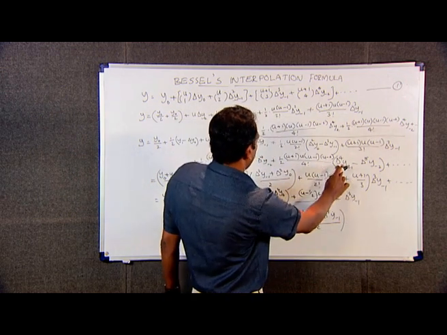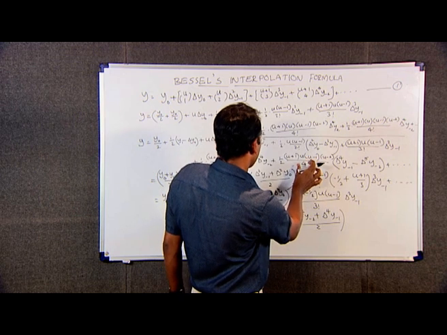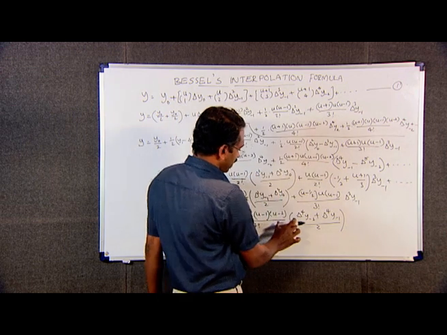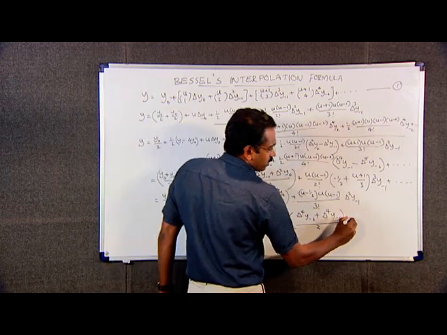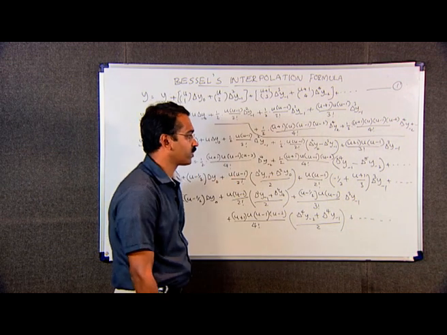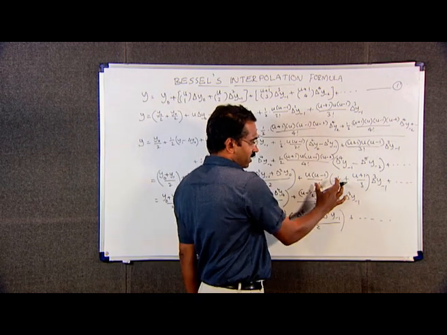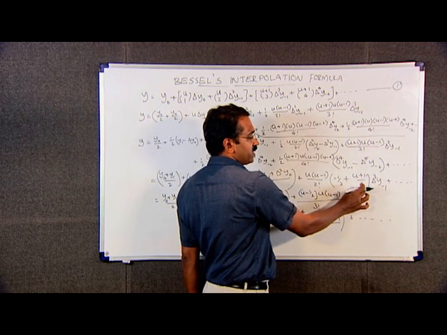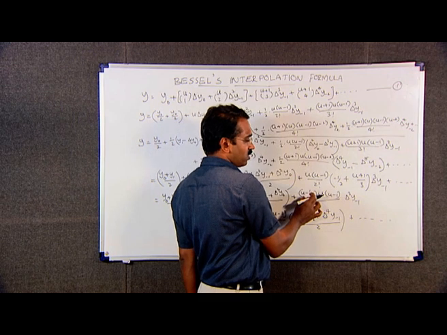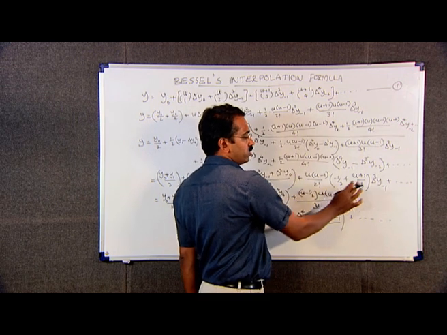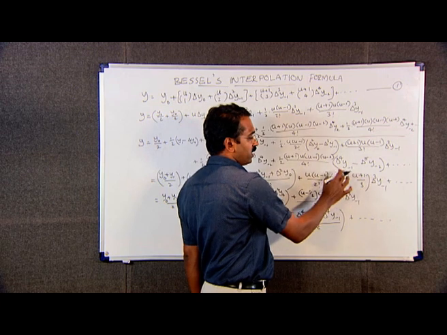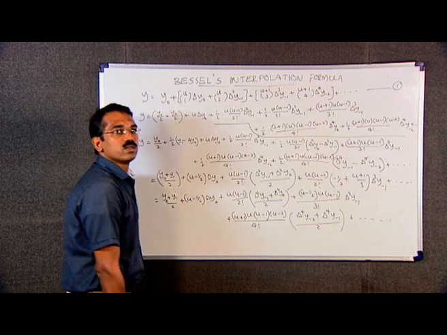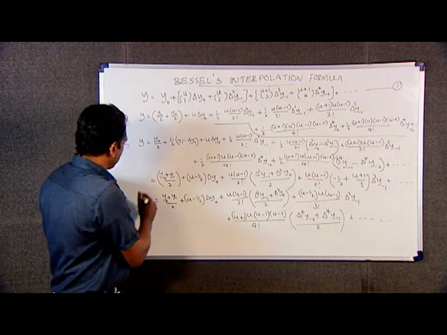By combining these two terms containing u plus 1, u minus 1, u minus 2, we can write this term, this plus etc. Here this product can be written as u minus 1 by 2 into u minus 1, because u plus 1 divided by 3 minus 1 by 2 is u minus 1 by 2 divided by 2 into 3, and combining these two terms we can write like this. This is the expression for y.